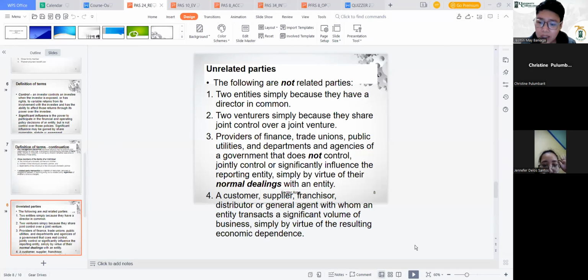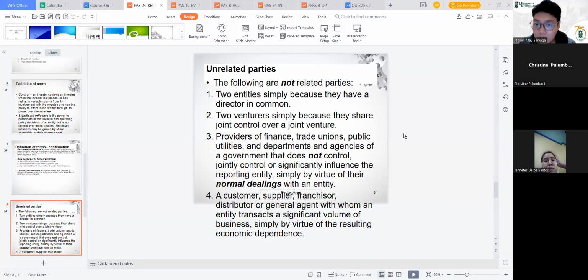For example, a typical customer or supplier, we purchase a certain amount or volume of money involved with our supplier. The customer bought something from us. So the typical business or accounting transactions, they are not related parties. We have no additional disclosures needed under PAS 24. So here they are, unrelated parties.